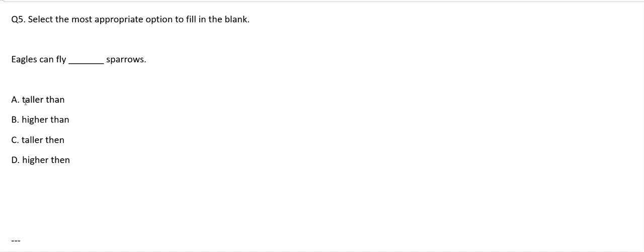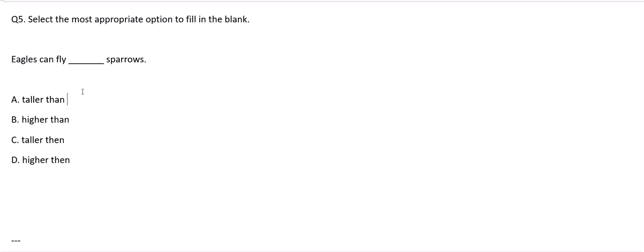We have taller than and higher than. Let's first see when we use taller than. Taller than is used when we are comparing the heights of two objects or people. For example, Ram is taller than Naveen, or some tree is taller than some other tree. Like that, we compare physical height with taller than.